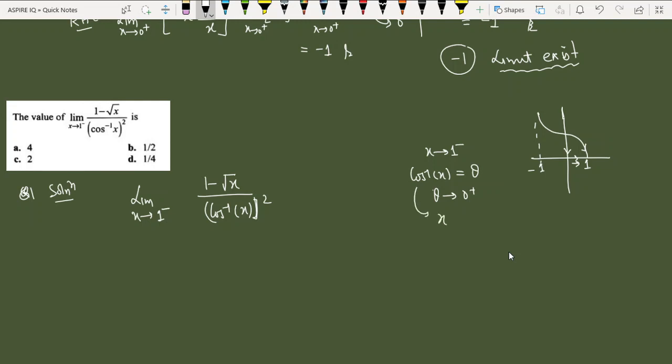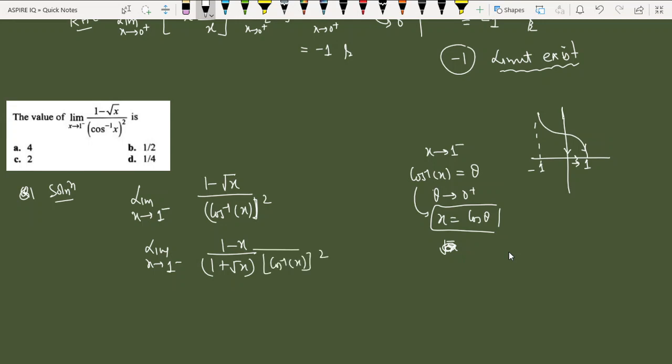So what will be x? x is equal to cos theta, and root x is root cos theta. Now we just rationalize this: 1 minus x, 1 plus root x, and cos inverse x whole square.